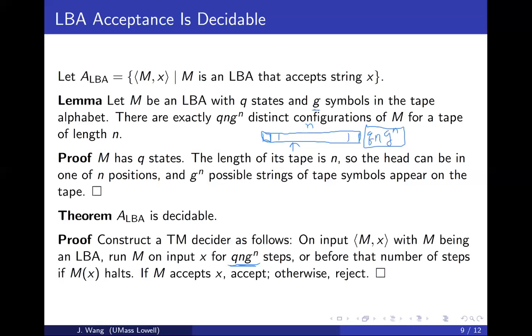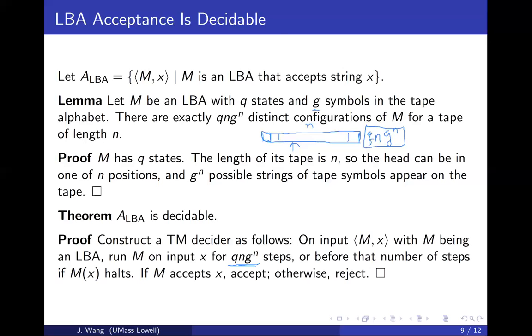Okay, so then the decider always halts because we have a bounded memory. The memory tape is linear bounded, and you only have finitely many different configurations, Q times G to the N. A computation is a sequence of configurations from one to another, determined by the transition function of this LBA.